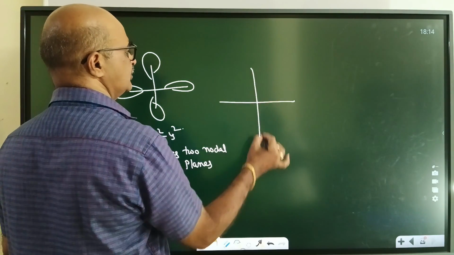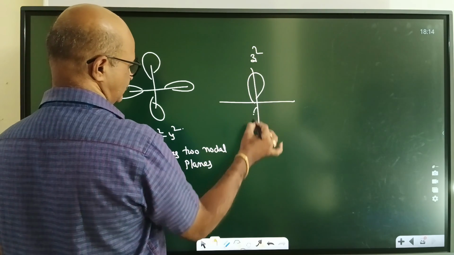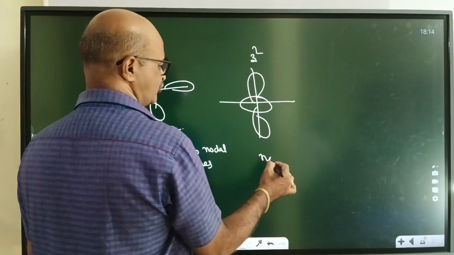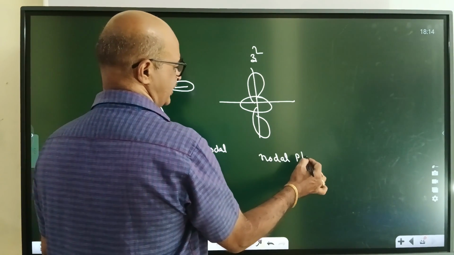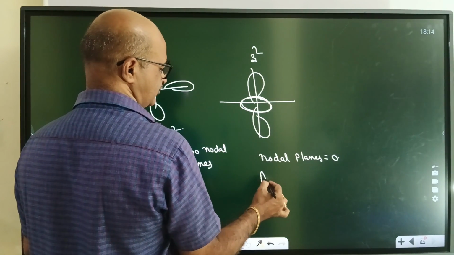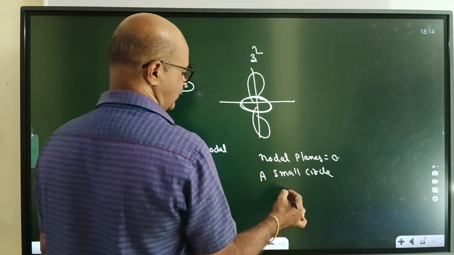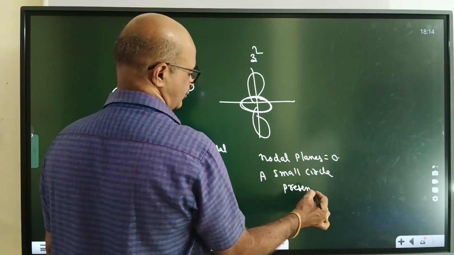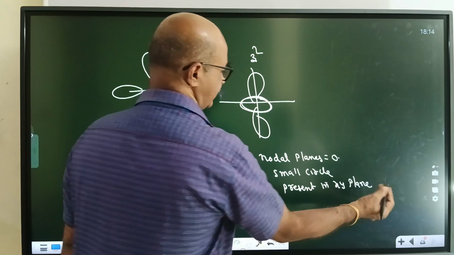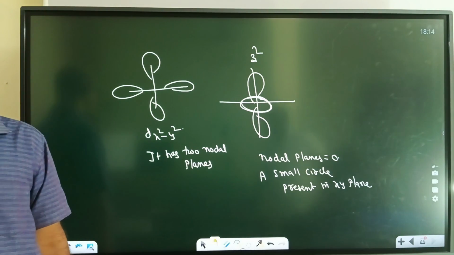This is a dz square orbital. Nodal planes is equal to 0. A small circle is present in the xy plane. Okay, these are the shapes of orbitals. Okay, you understand?